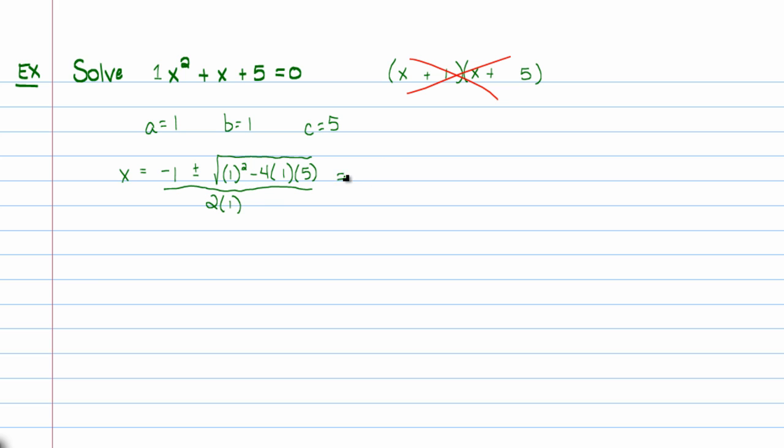We'll go ahead and simplify this down. This is negative 1 plus or minus the square root of, and you'll see that underneath the square root I have 1 minus 20, or in other words a negative 19, all over 2. This should be one of the first few rare moments where you have encountered a negative underneath the square root. Up to this point in mathematics, a lot of people have probably lied to you and told you that this number doesn't exist.